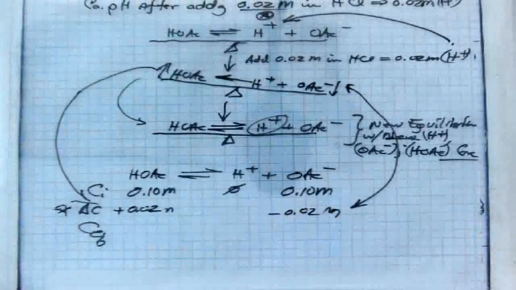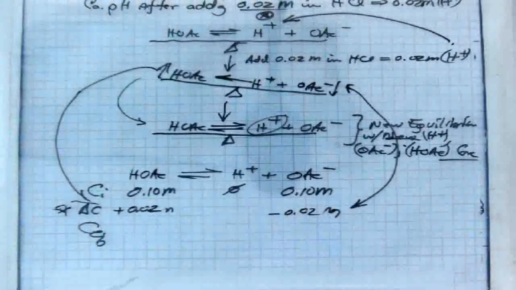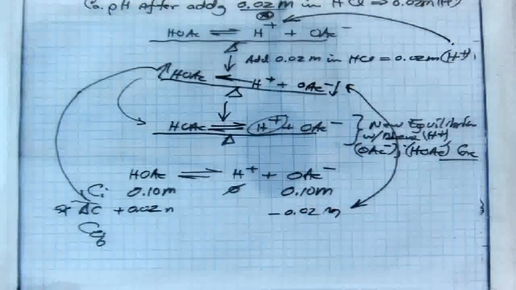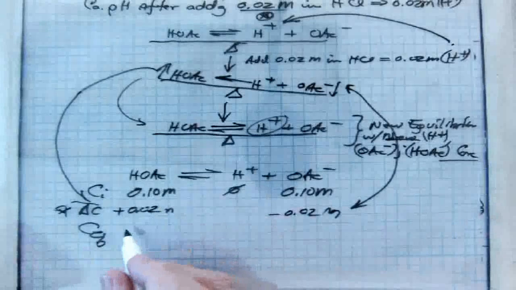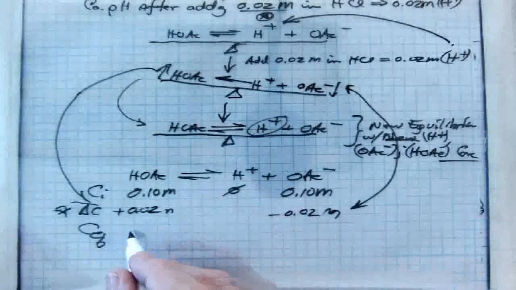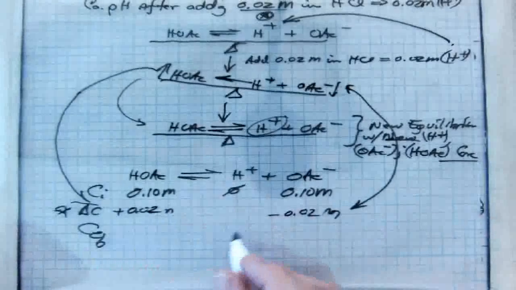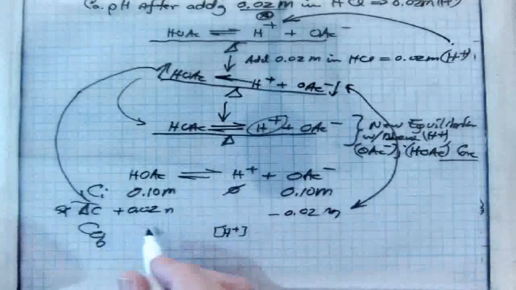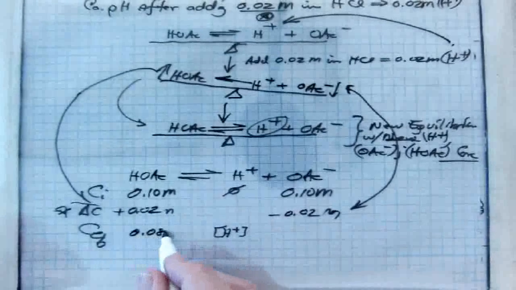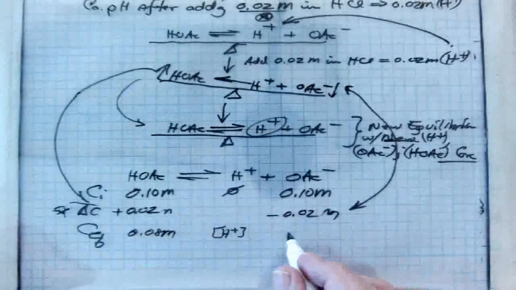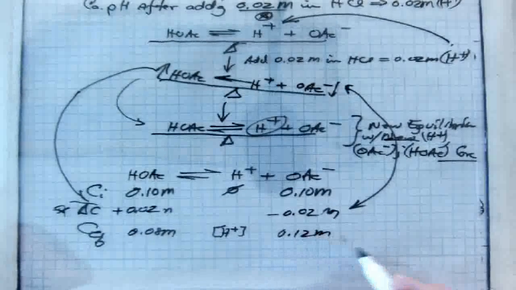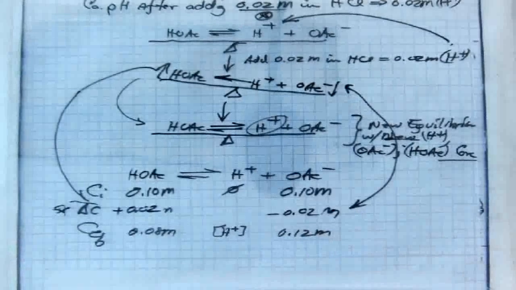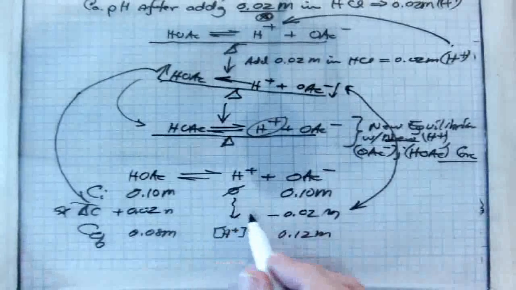Now we started with a pH of 4.74 at the start of the 50-50 buffer. After adding H plus from the HCl, we go to 4.56, a more acidic pH.